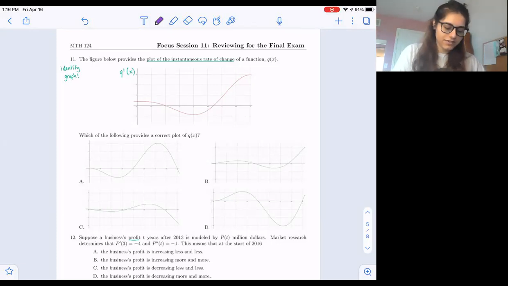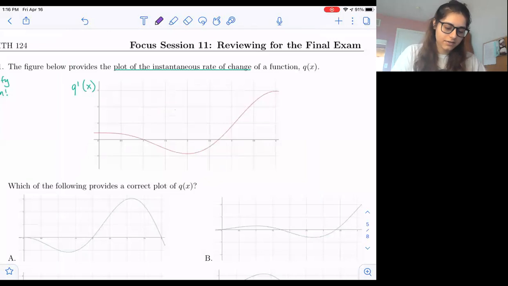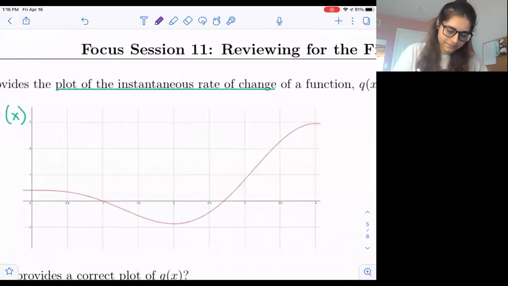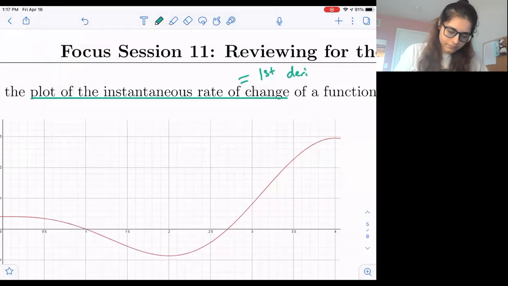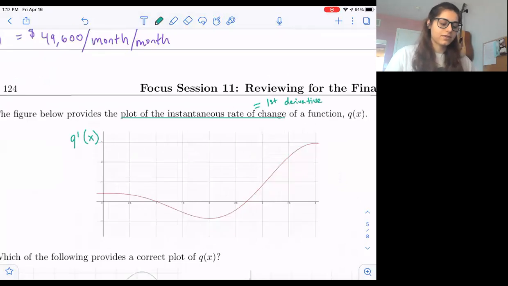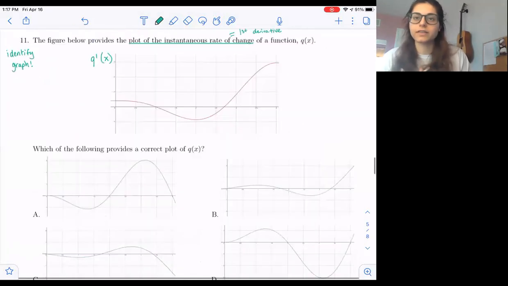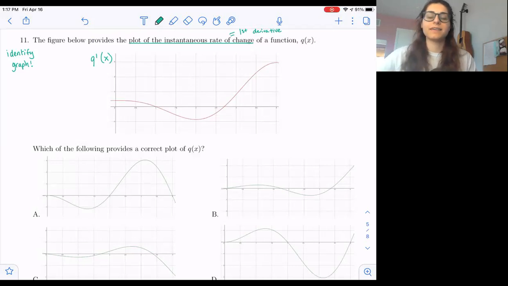That's one you should just know. Instantaneous rate of change equals first derivative. So the graph they're giving us is the first derivative, and we want to find the original function.